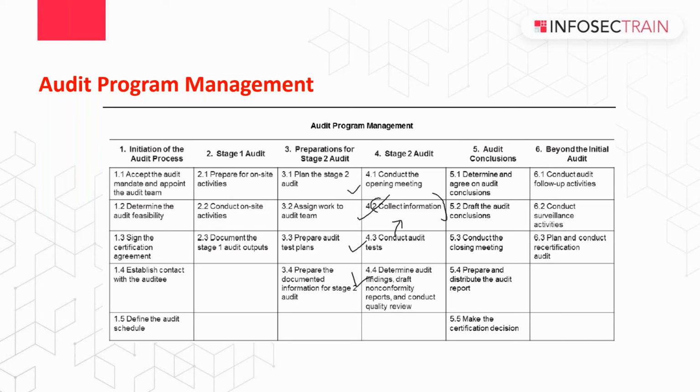Whatever audit evidence has been collected against the audit criteria, we are going to determine it as an audit finding. On the basis of that audit finding, we can indicate conformity or non-conformity based on the criteria specified in the audit plan.